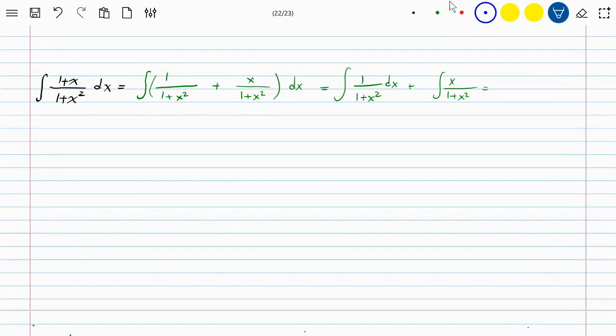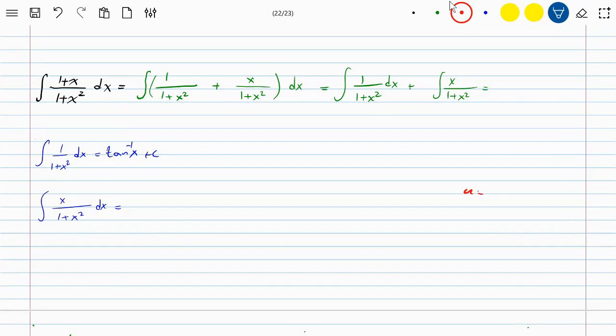Okay, I'm going to calculate each one separately. Integral 1 over 1 plus x squared dx, this is what we learned today, is tan inverse of x plus some constant. How about the integral of x over 1 plus x squared dx? Well, this one, it's not x times tan inverse. Don't make that mistake.